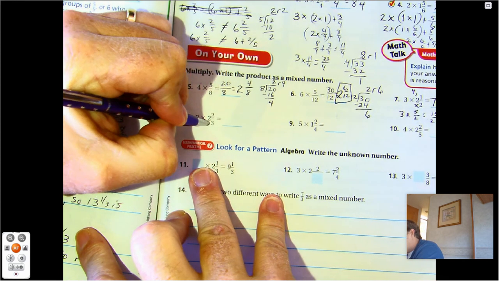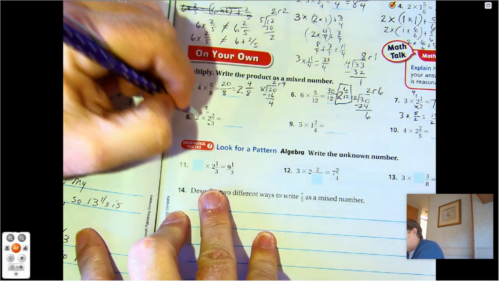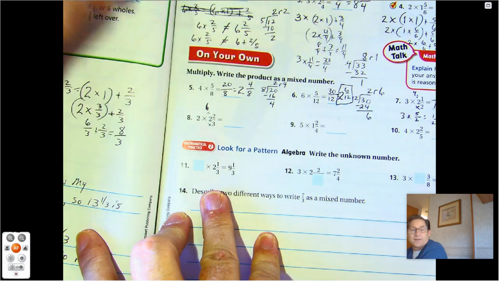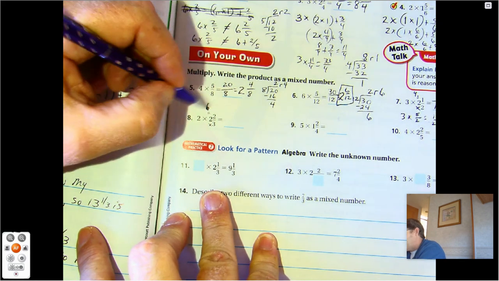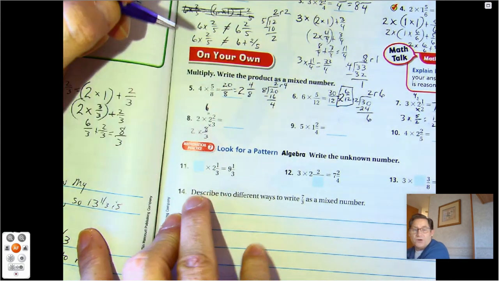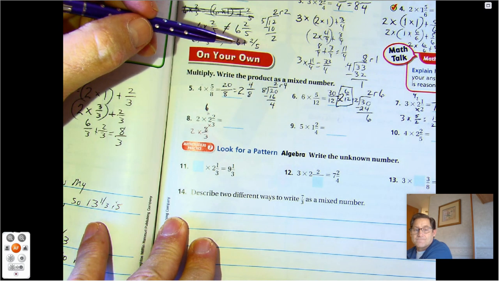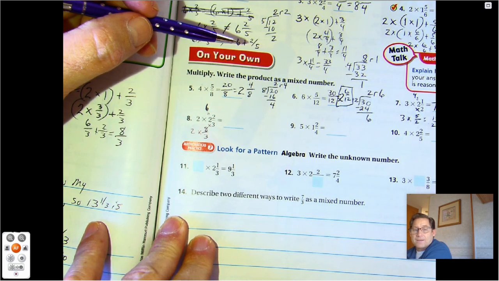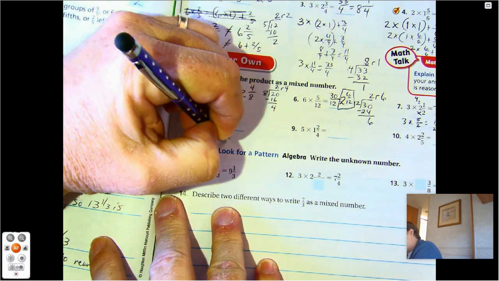So 3 times 2 is 6 parts. 3 times 2 is 6, plus the 2 left over gives me 8/3. 2 times 8, 16/3.